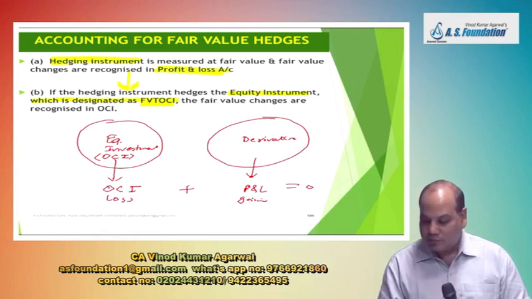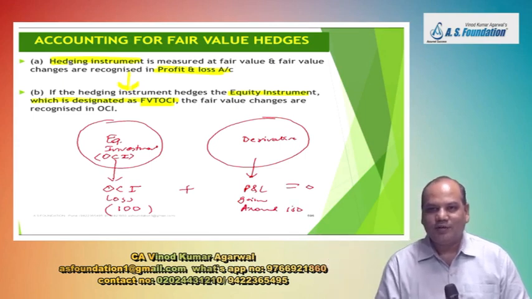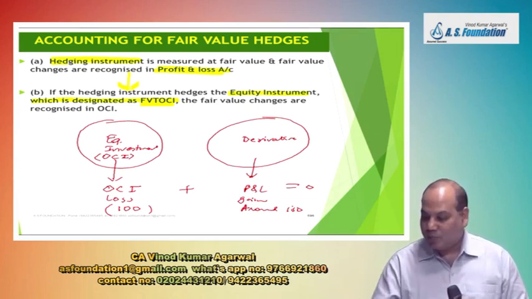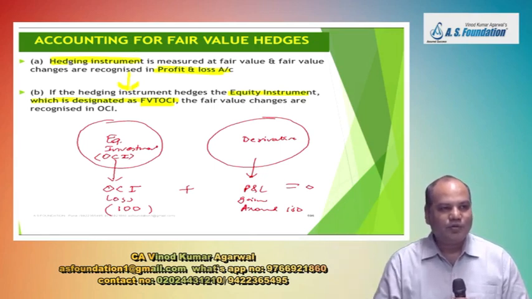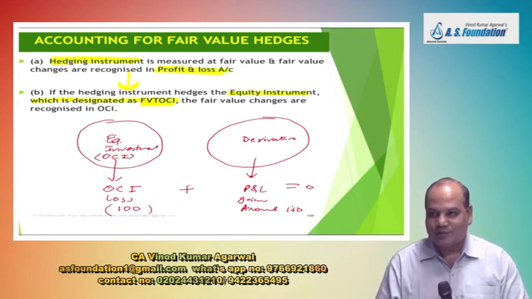If there is a loss of 100, then there must be a gain of around 95, 98, 99, something like that. So effectively I am not losing anything, but my P&L account will show profit 100 and OCI loss 100, though they are the same. So I have to do some correction now.